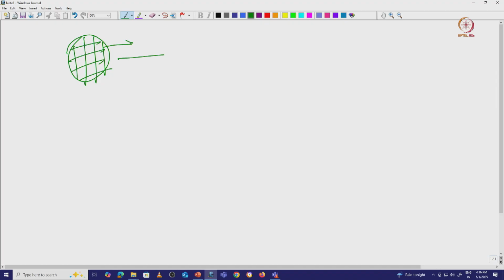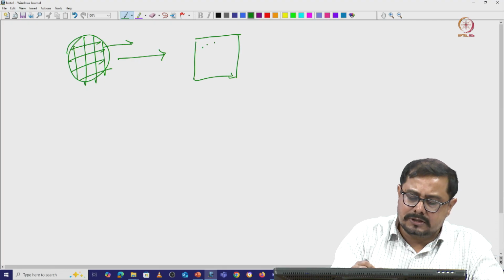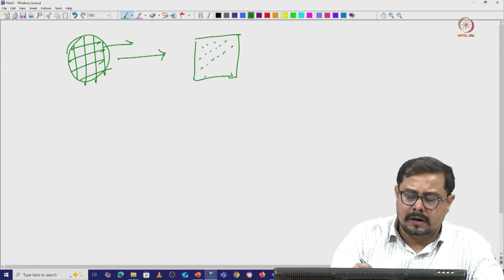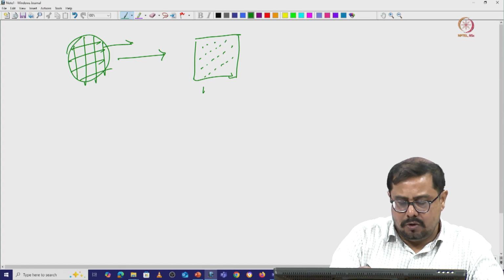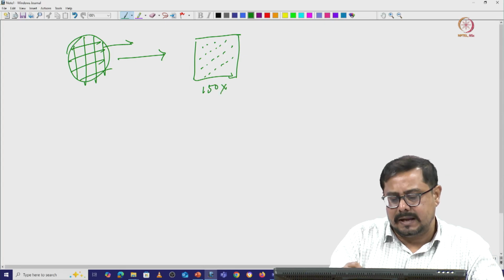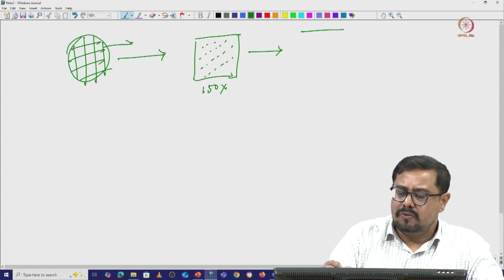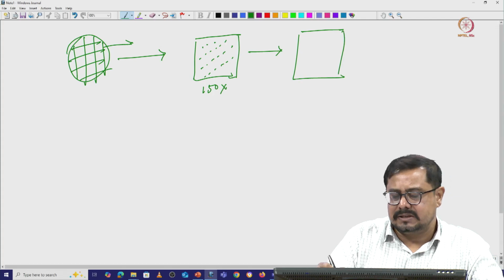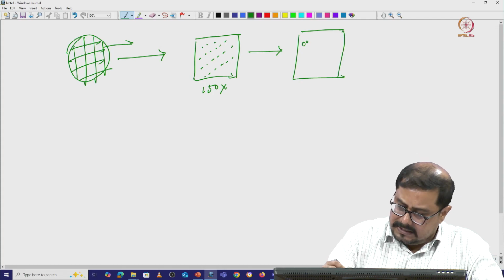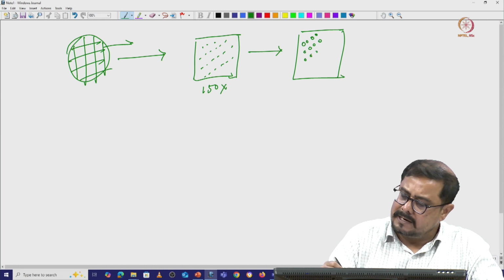The first step, if I consider this one square, then in that square you can see this kind of dots all over. Because this is a very low magnification, this is 150x magnification. Then we increase the magnification and we can see this small hole.